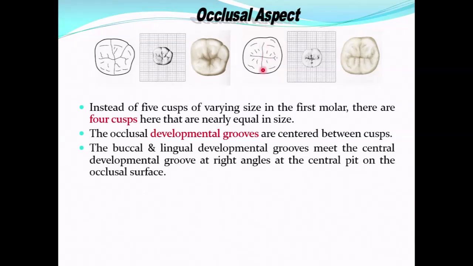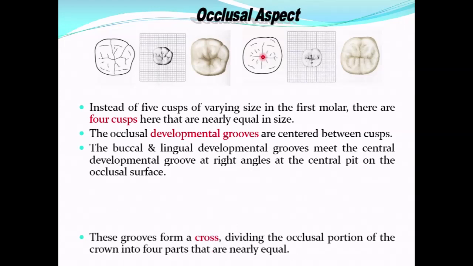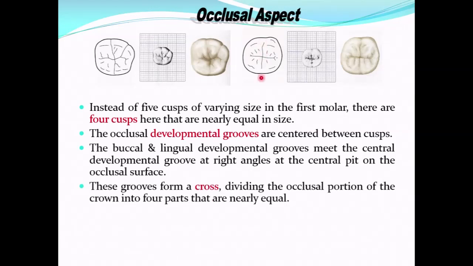The buccal and lingual developmental grooves meet the central groove at a right angle, at the central pit in the occlusal surface. These grooves form a shape of a cross, dividing the occlusal portion into 4 cusps, and these cusps are nearly equal in size.